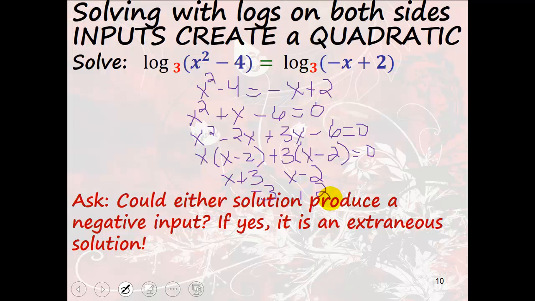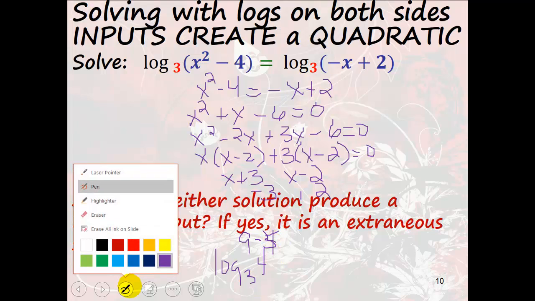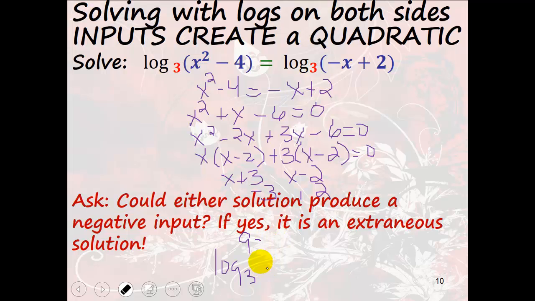And so all we're doing is just checking these two solutions. So in negative 3, if I plug that in, I get 9, and 9 minus 5 is 4, okay? So I have log base 3 of 4. If I plug negative 3 in over here, this is log base 3 of 5.